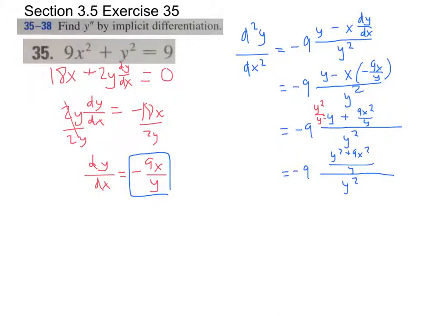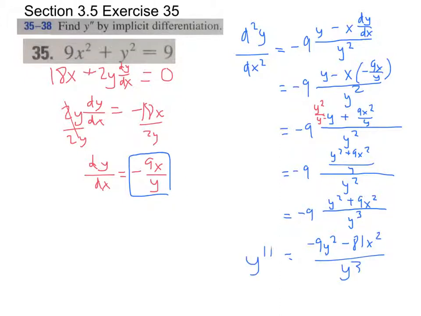So if you remember your rules for dividing fractions, we have negative 9 times y squared plus 9x squared, and the y squared comes up and multiplies by the y, so we have y cubed. And then if we want, we can multiply the negative 9 across, so we have negative 9y squared minus 81x squared all over y cubed, and this is our y double prime using implicit differentiation.